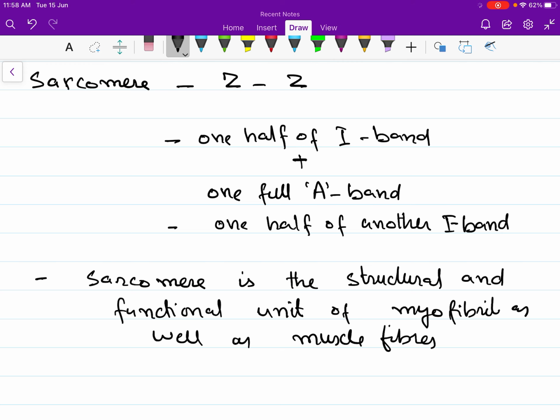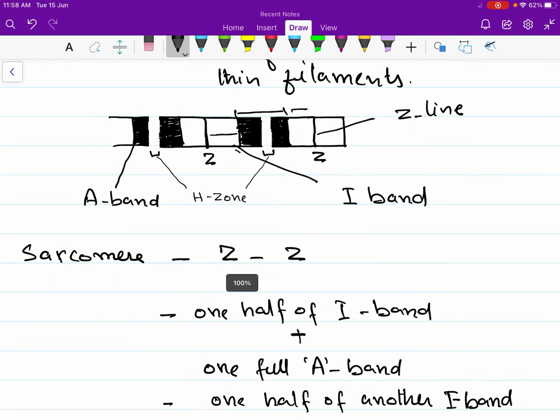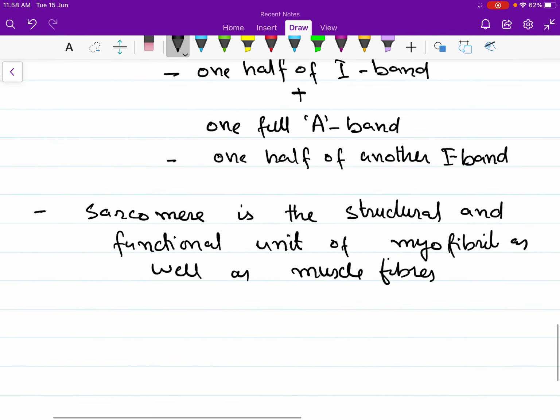So the contractile unit of a skeletal muscle is actually the sarcomere. When all the sarcomeres of a myofibril contract, then the entire muscle fiber will contract, and when the entire fibers of a muscle contract, the entire muscle will contract.